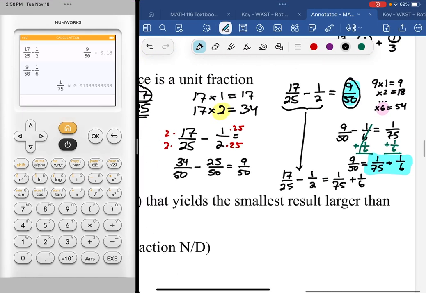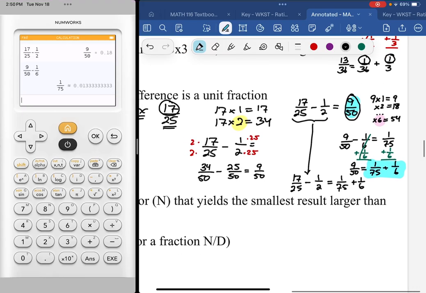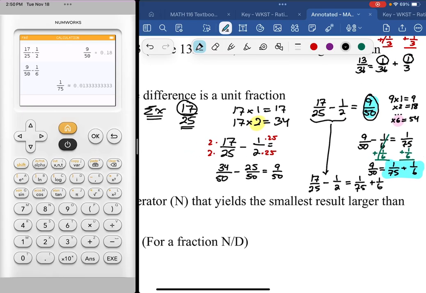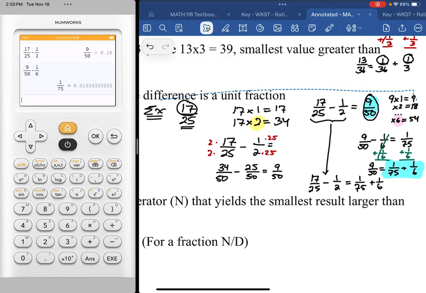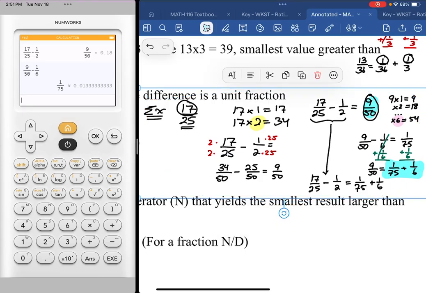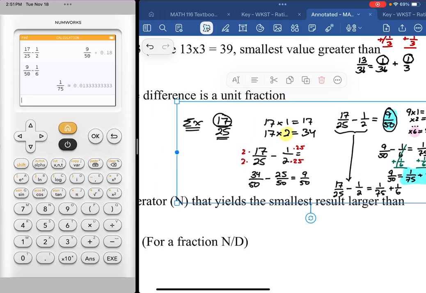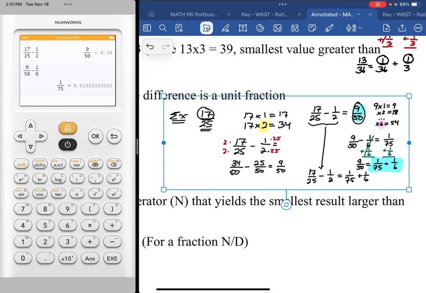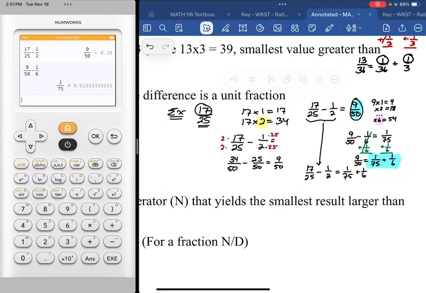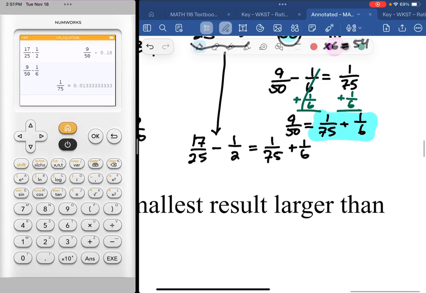Then I would just add 1/2 to both sides. Let me just shrink this down a little bit so I can fit it. All right, just a smidge. But then what I could do would be to add 1 over 2 to both sides.